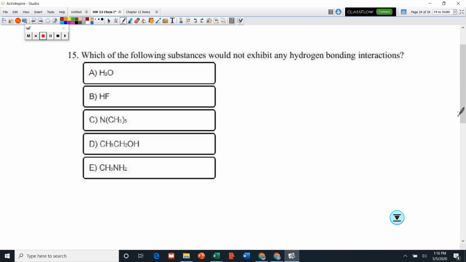All right, number 15. Which of the following substances would not exhibit hydrogen bonding? So again, you have to look at the structures.